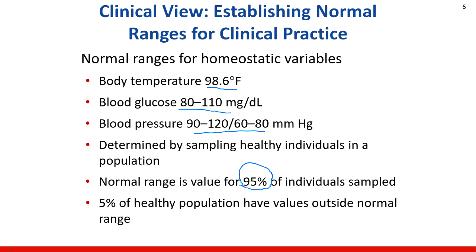Now there's a small percentage that are going to fall outside of that normal range, about 5%. So that could be their normal. I know several patients of mine that your heart rate is supposed to be 60 to 100 beats per minute. So on average, it's 80 beats per minute. Okay. Now there was a cyclist back in I can't remember if it was the late 80s or 90s.